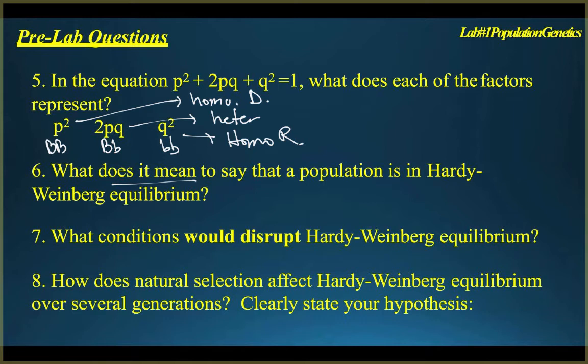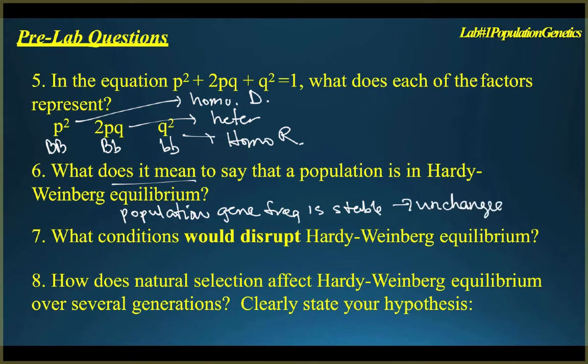What does it mean to say that a population is in Hardy-Weinberg equilibrium? This means population gene frequency is stable, i.e., unchanged, no evolution.